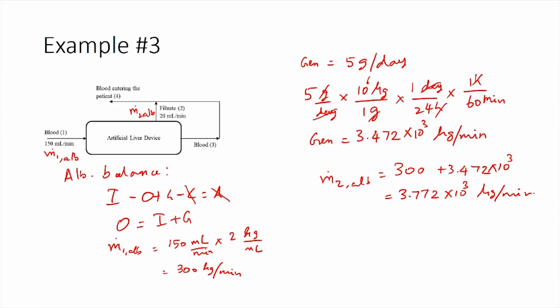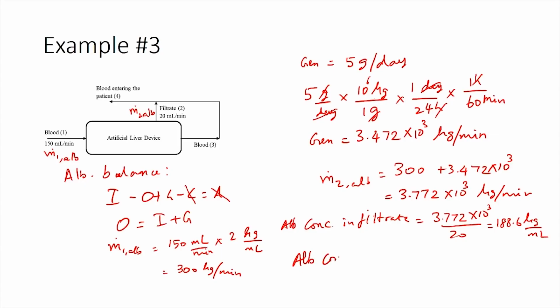So, now just like how we calculated the concentration of bilirubin in the filtrate and in the blood entering the patient, we will have to calculate the concentration of albumin in the filtrate and in the blood entering the patient. So, the albumin concentration in the filtrate would be 3.772 times 10 power 3 divided by 20, giving you a value of 188.6 micrograms per ml.